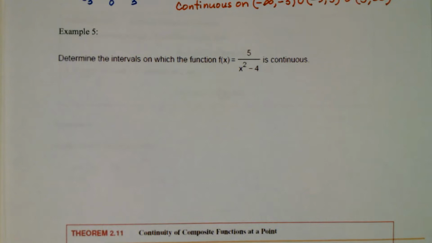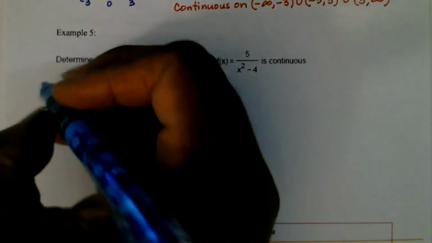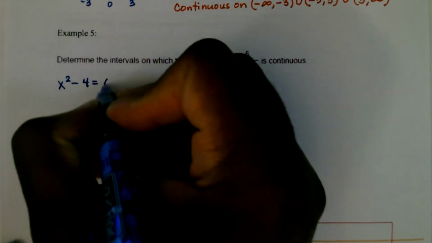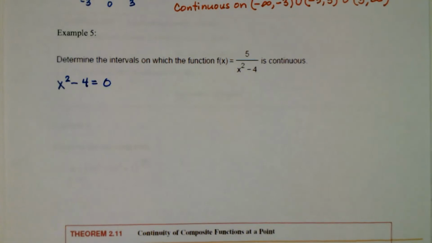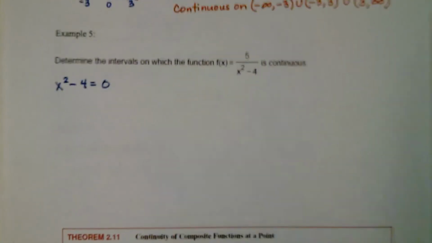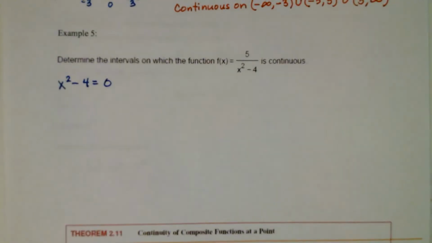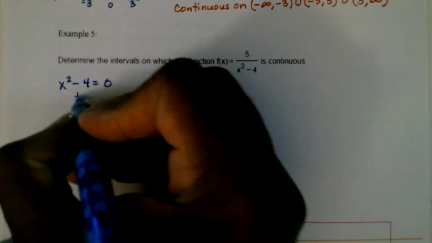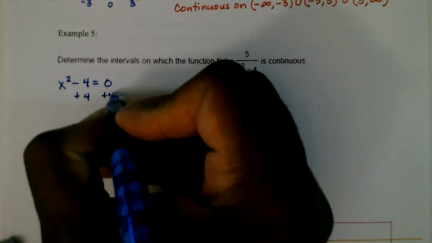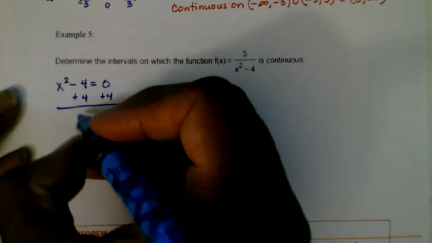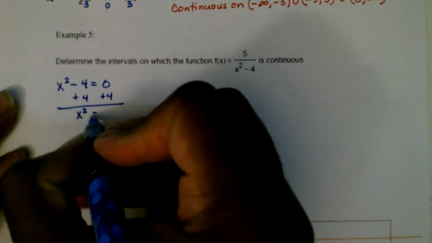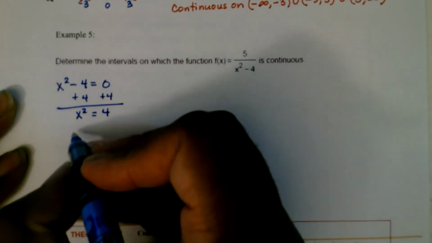So that means we need to take our denominator of x squared minus 4, set that to be equal to 0, and find out what values of x would give me a 0 in the denominator. So to do that, I need to add 4 to both sides. So that means I'm going to have x squared is equal to 4.